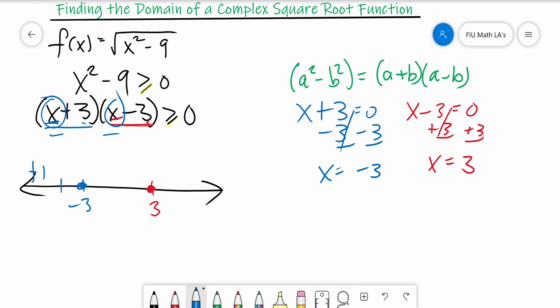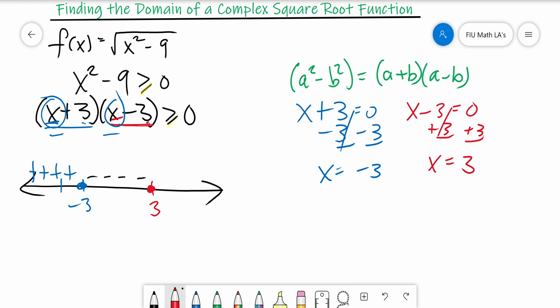So all of the values to the left of -3 here will be positive. If I take a test value in between -3 and 3, such as 0, I'm going to get 0 plus 3 and 0 minus 3. So +3 times -3 will give me a -9. So I know all of the values between -3 and 3 will be negative.